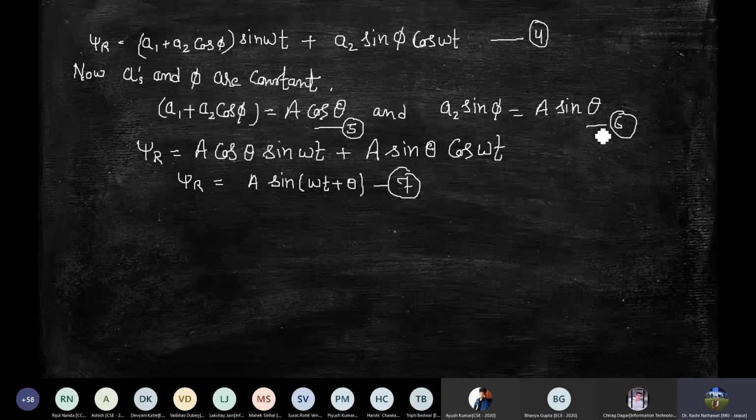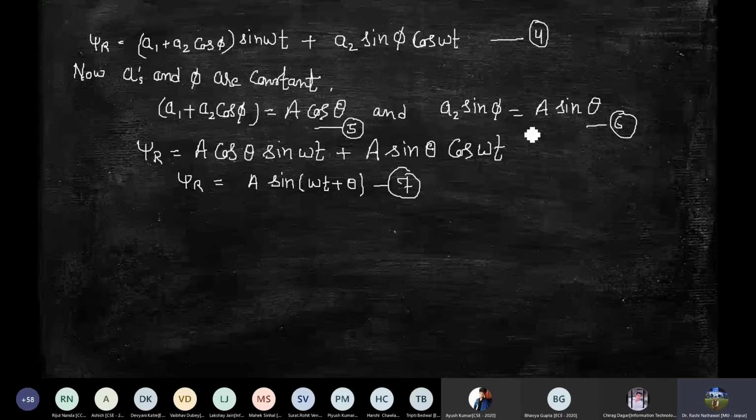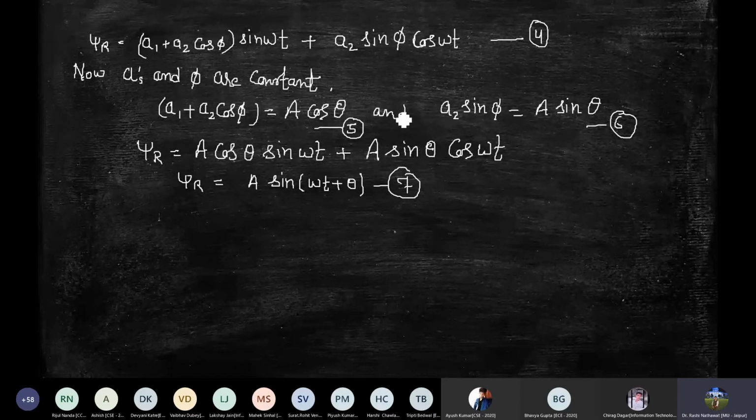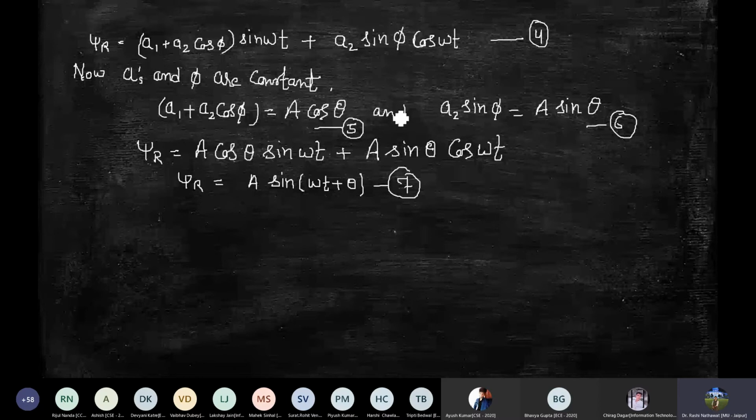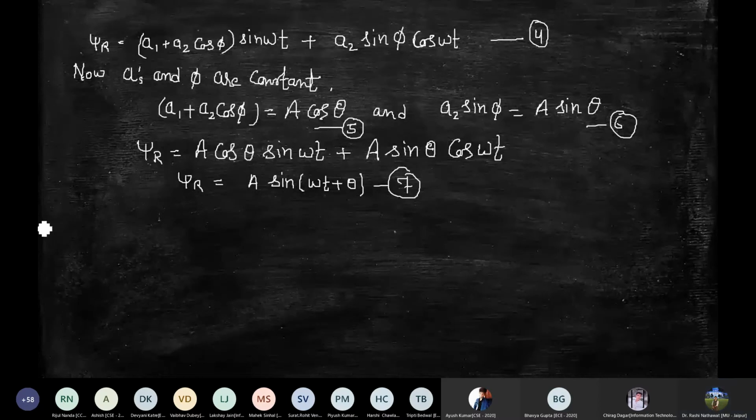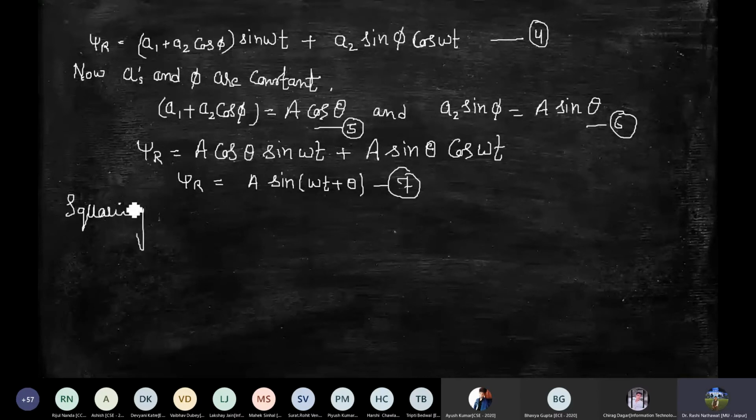Okay. Now let's take equation numbers 5 and 6. What I will do is square equation numbers 5 and 6 and add. So I think the right hand side will give me A square only. Do it before me.